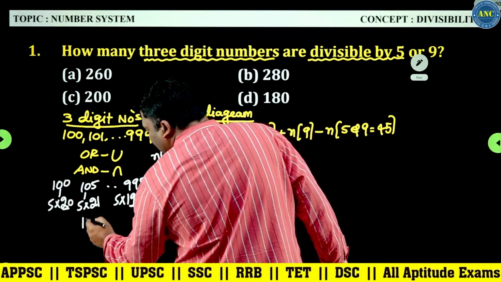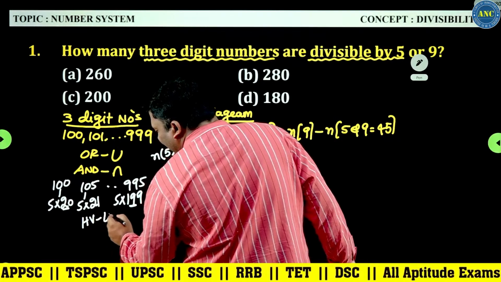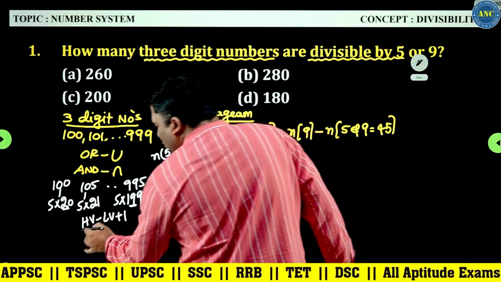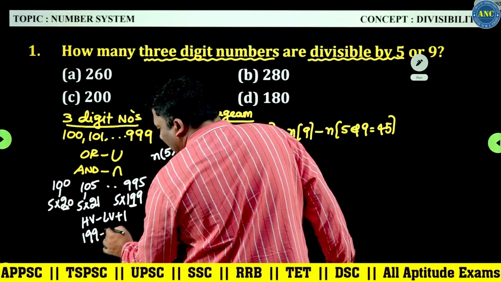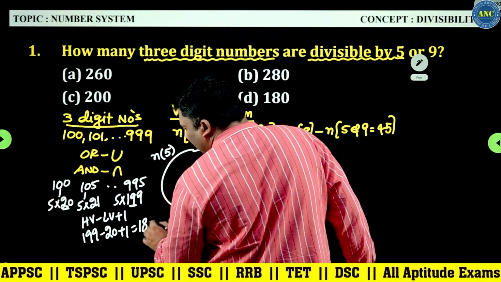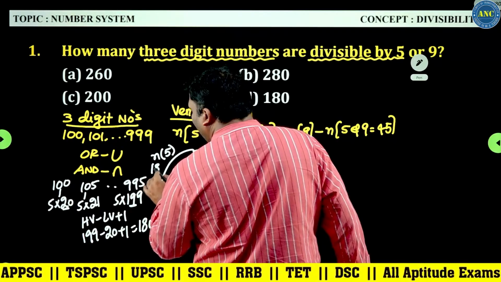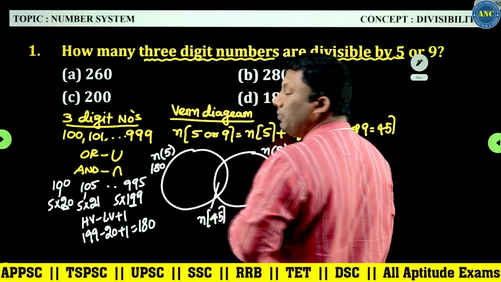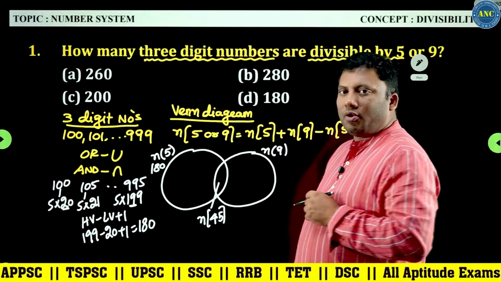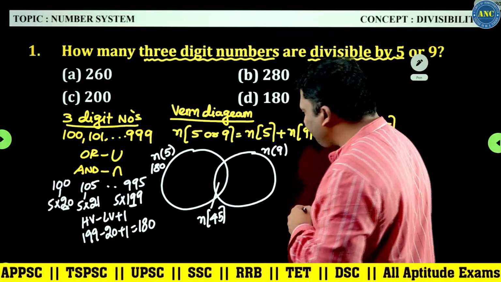Number of numbers is highest multiple minus lowest multiple plus 1. So it is 199 minus 20 plus 1, 179 plus 1, 180. Total number of 3-digit numbers which are divisible by 5 is 180. I hope the idea is clear.